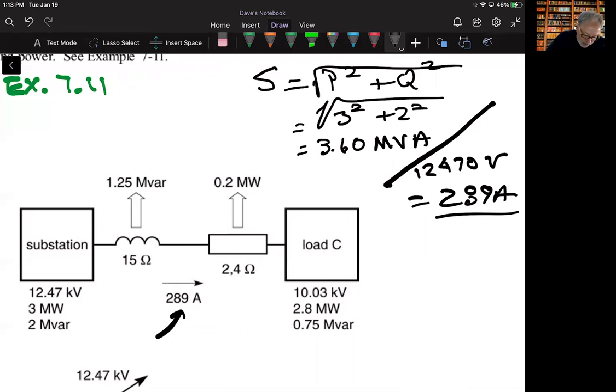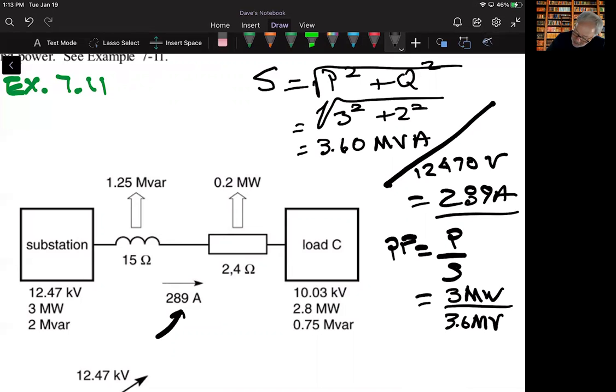The power factor at the substation is active over apparent. Active is 3 megawatts, apparent is 3.6 MVA.